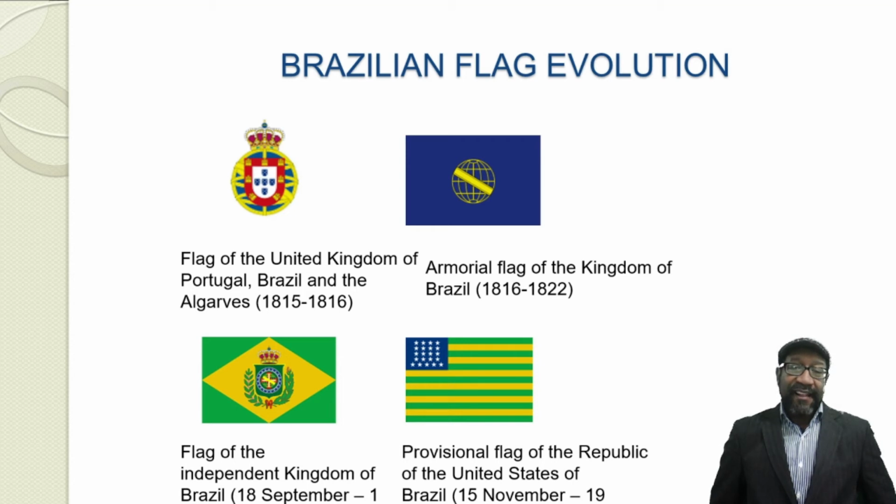And as you can see, this flag is like a copy of the United States flag, just exchanging the colors. In the United States flag, you had red, blue, and white. And here, in the Brazilian flag, you have green, yellow, blue and white, separated in a square, right? But it's pretty similar, man.